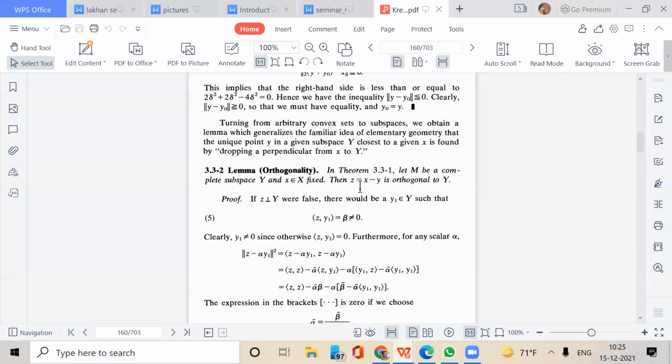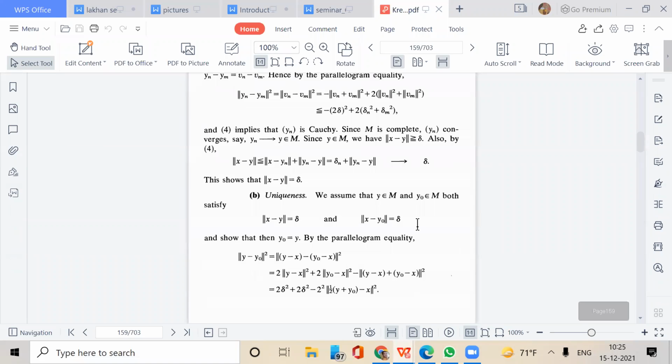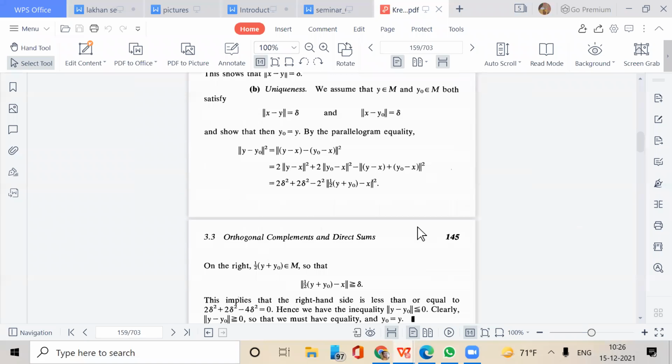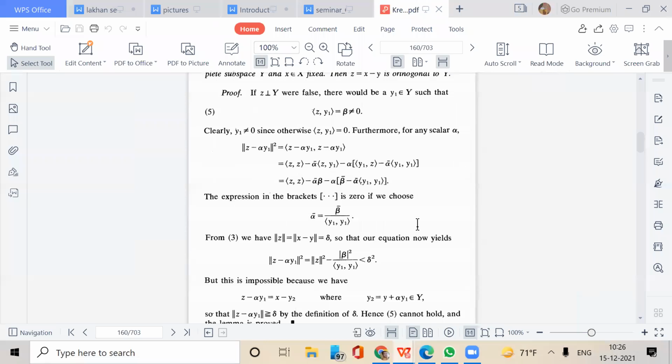Because we have given in this lemma that z is equal to x minus y, and we are showing that it is orthogonal to Y. Norm of x minus y is equal to delta. So norm of z is equal to delta.